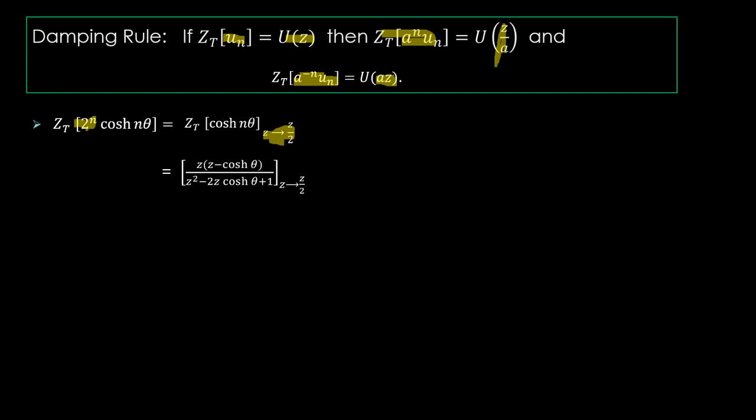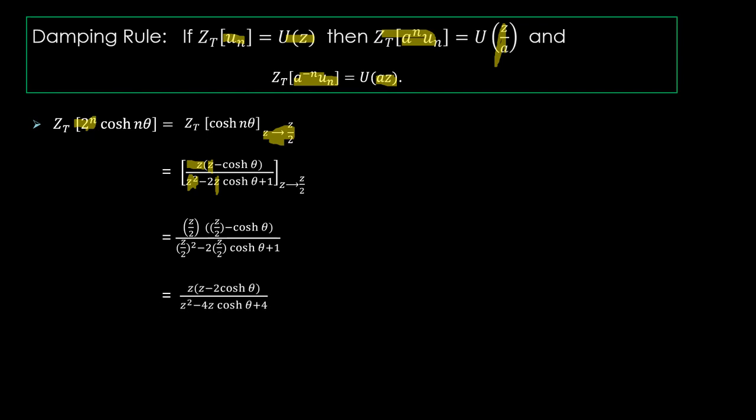Replacing z by z/2, we get (z/2)(z/2 minus cosh theta) divided by (z/2) whole square minus 2 times (z/2) cosh theta plus 1.